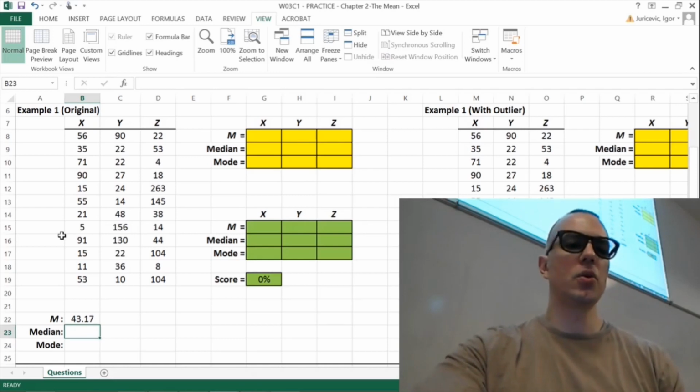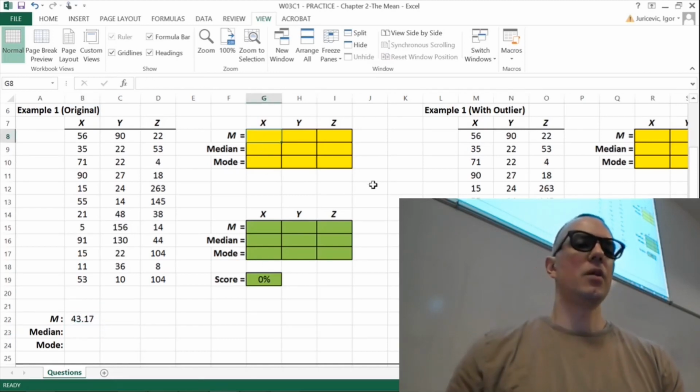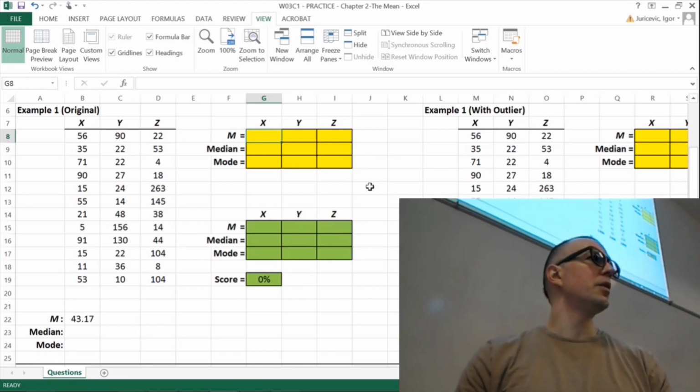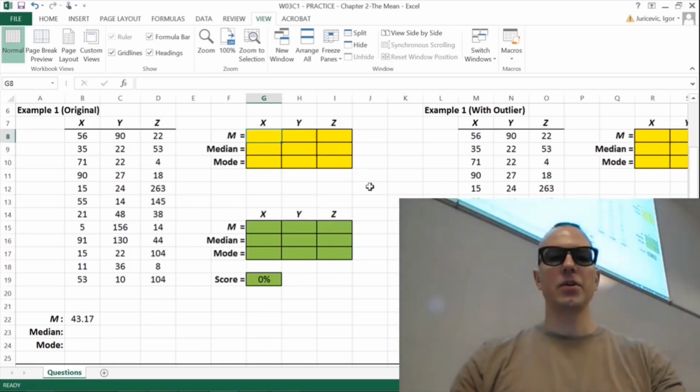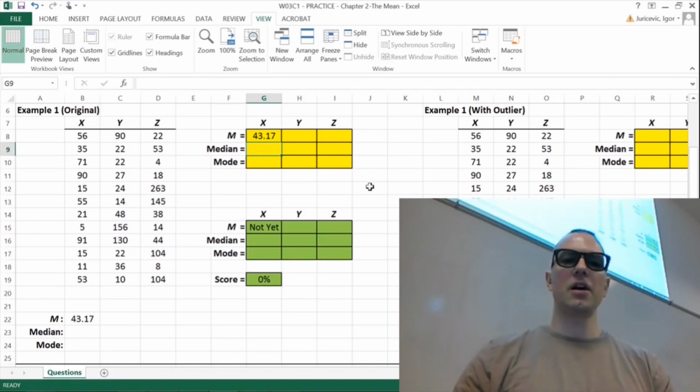We want to make sure that we enter that into our yellow answer cells, and what we don't want to do is enter this in manually, because that 43.17 is not 43.17. If we enter in 43.17, you're going to see that we don't have it correct yet. You might be thinking to yourself, well, it says 43.17.